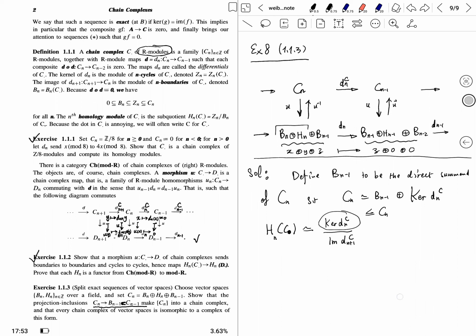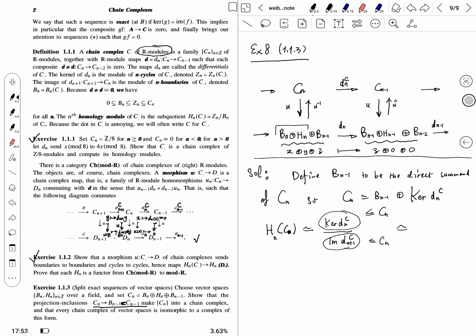This is also a subvector space of C_n, and so actually this is isomorphic to, again, a subvector space of C_n.